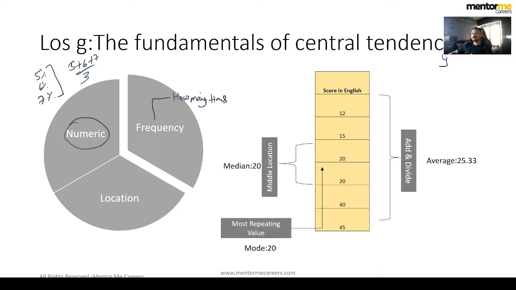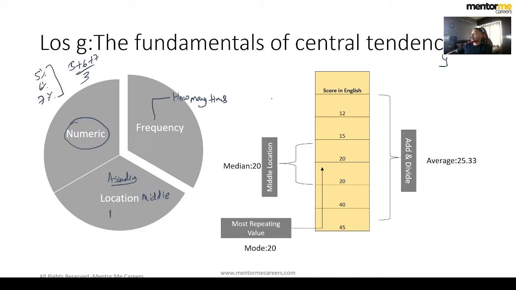That could also give you what usually happens. And finally, the third is stating that I don't care how many times it happens or what the numerical value is. Let's just order the data in ascending order and find the middle location. So these are the three approaches to central tendency.